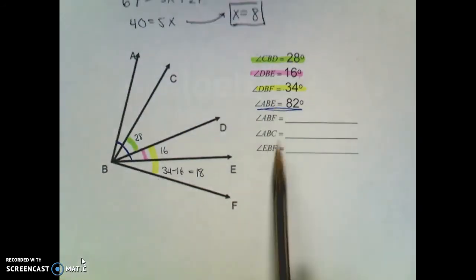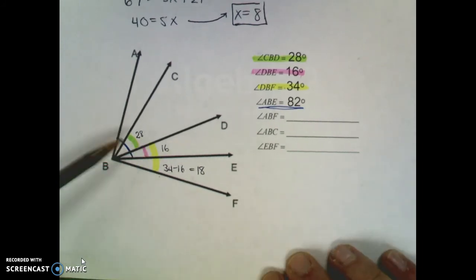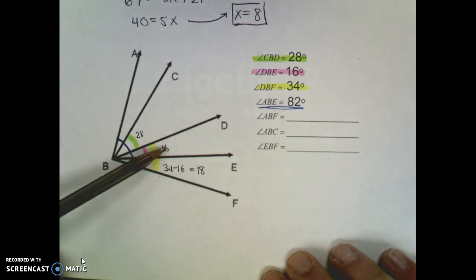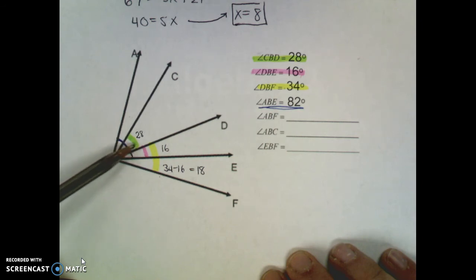Now, mind you, I'm not even looking over at what we have to answer yet. I'm just simply finding each individual angle. Now, going back over to here, this is the last little piece that I need: ABC. Because I know this is 18, this is 16, and this is 28. For this little guy right here, I know that these three angles that my pen is pointing to create the blue angle, 82. I know this is 16, I know this is 28.